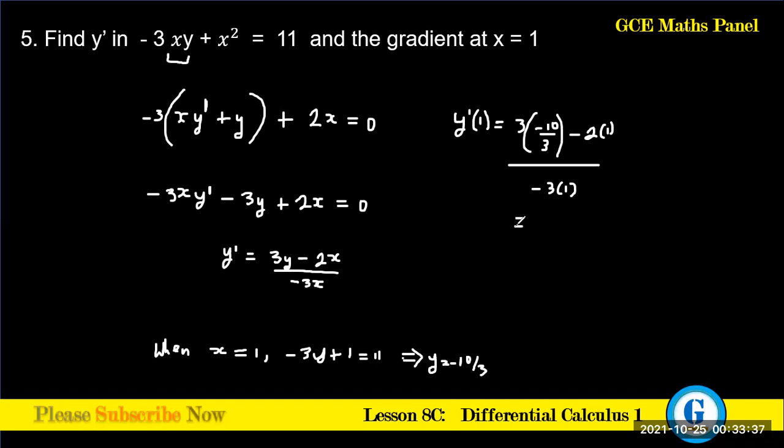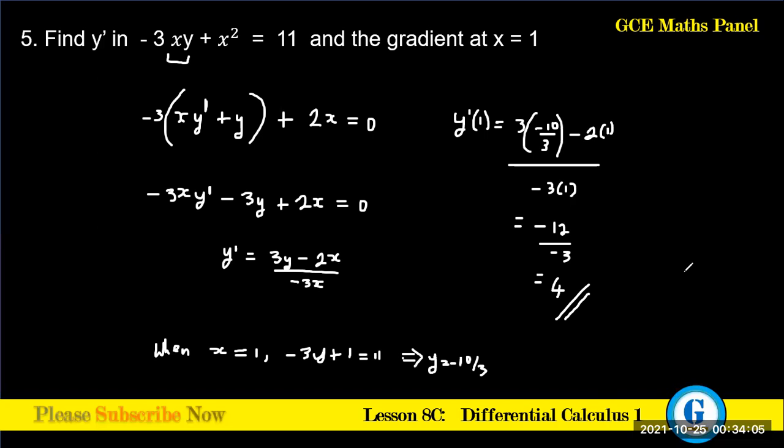So this will give us minus 10 minus 2, minus 12, divided by minus 3, and this will be equal to 4. So y prime of 1 is equal to 4. That's the gradient of this curve at the point where x is equal to 1.